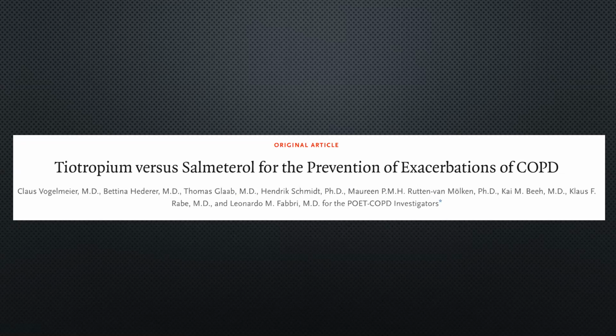The tiotropium group had an increase in the time to their first exacerbation, 187 days versus 145 days, with a 17% reduction in risk, and that was statistically significant. Tiotropium also had increased time to the first severe exacerbation, meaning one requiring hospitalization.